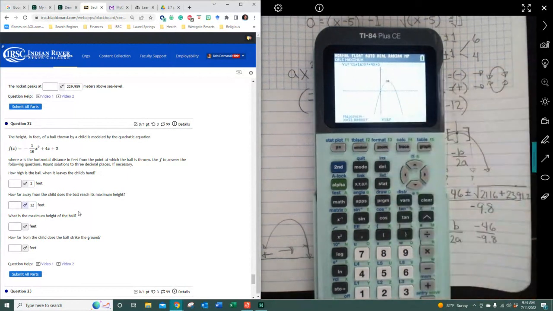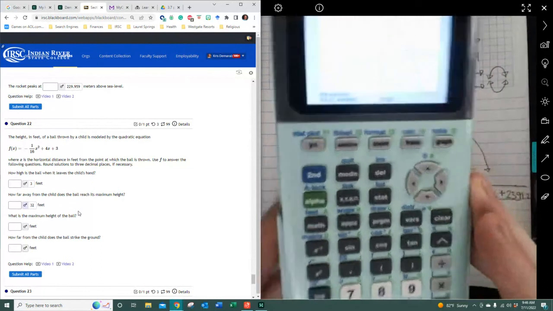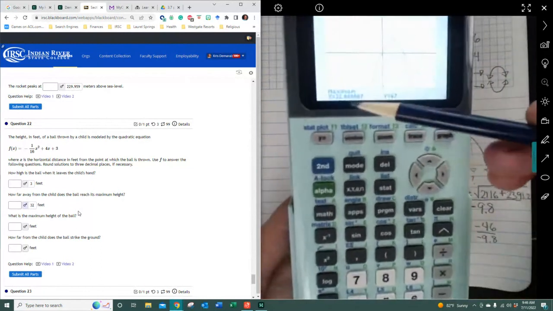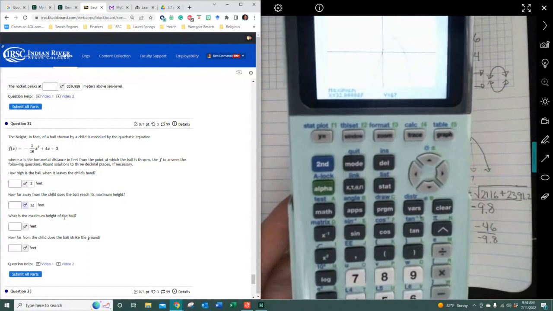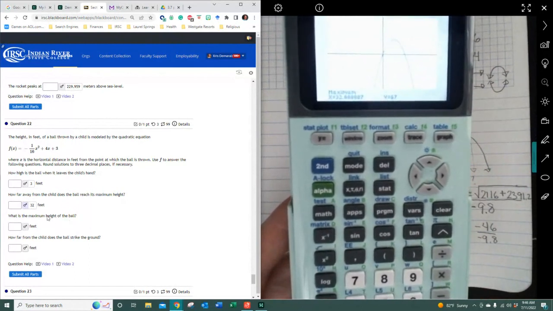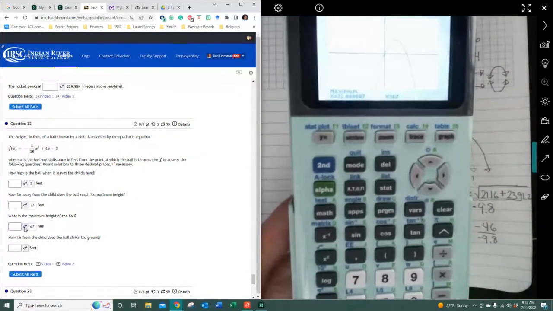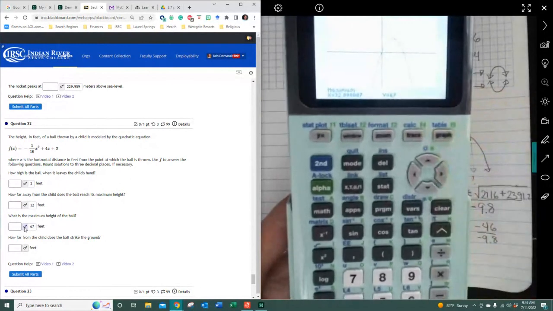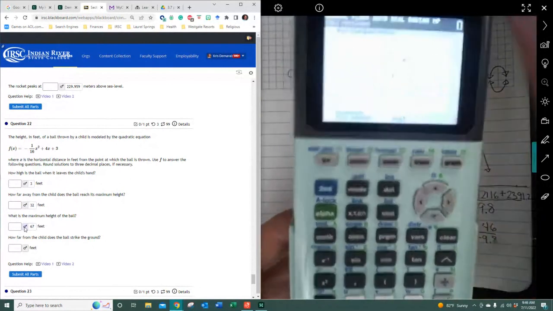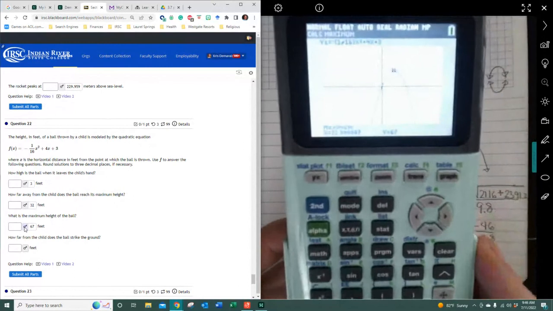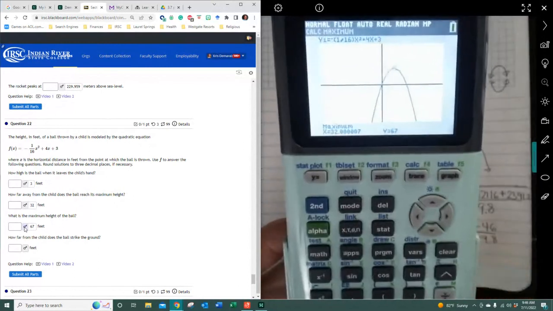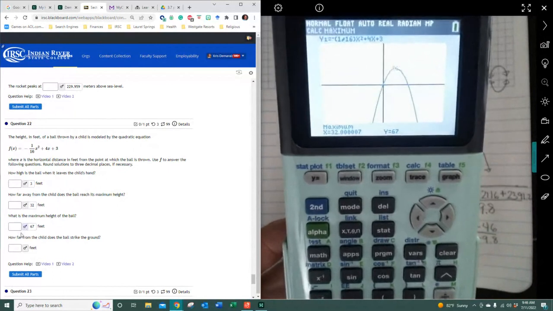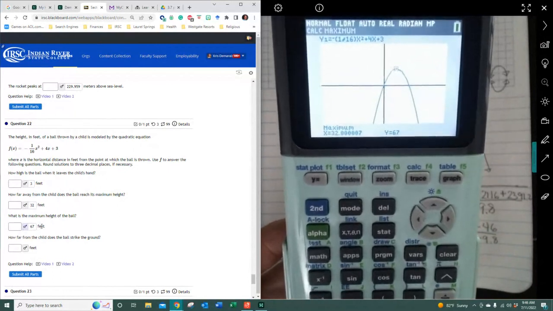I see here how far away is 32. All right, so then what is the maximum height of the ball? It's 67. It's right there. It's important that you are able to see how fast that is, because that's going to give you a really easy way of calculating these numbers that we're looking for here.